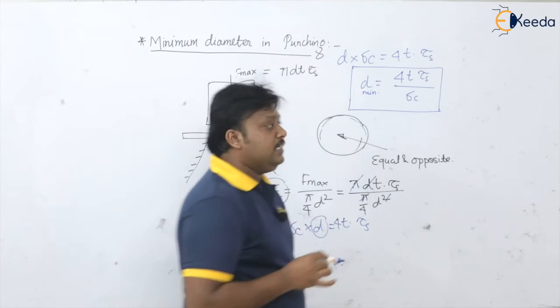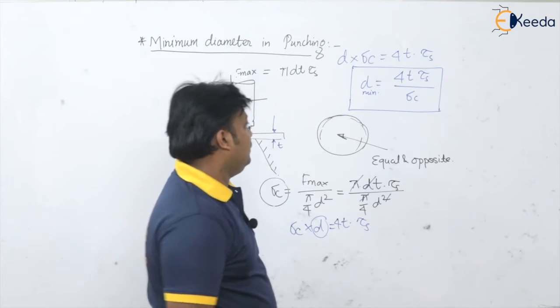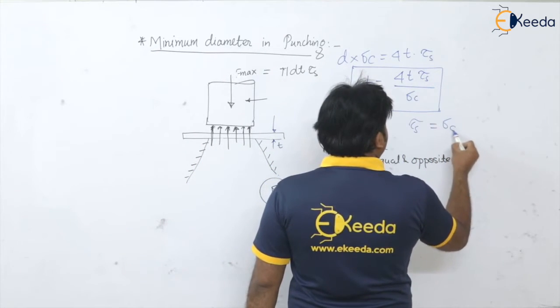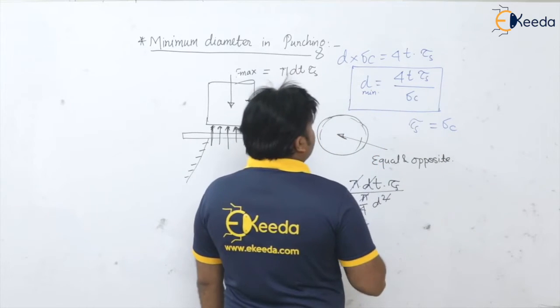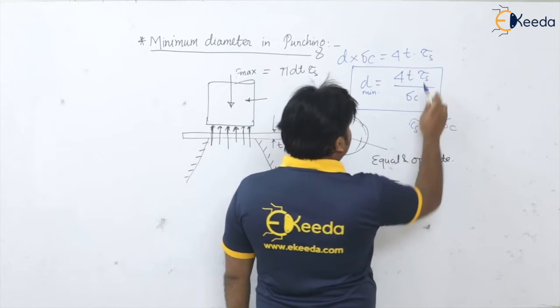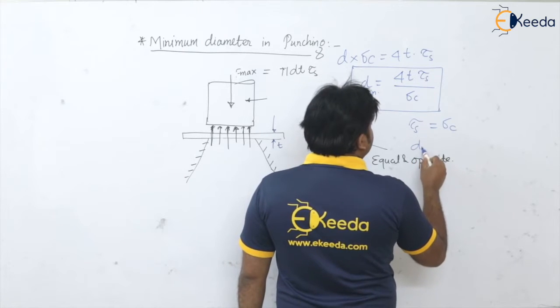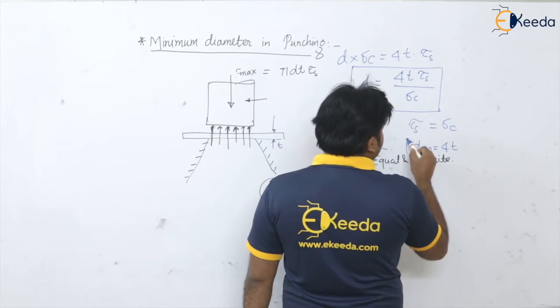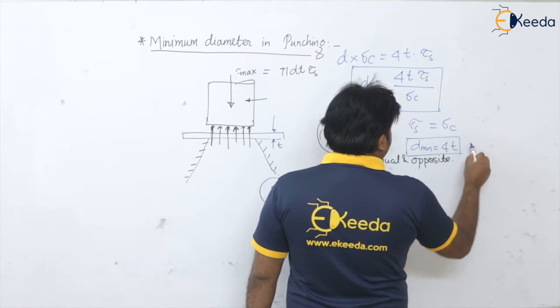Okay, so let us say that if tau s is equal to sigma c, then what can you write from this equation? D minimum is equal to 4 times thickness of the sheet.